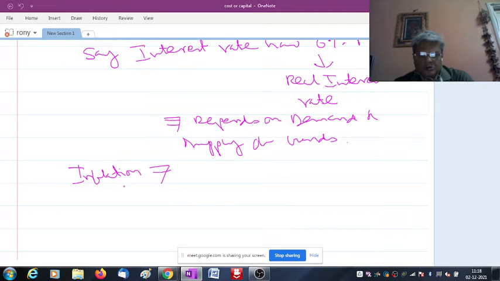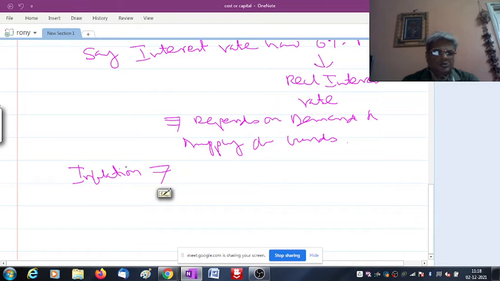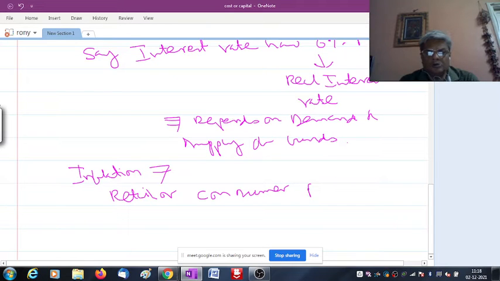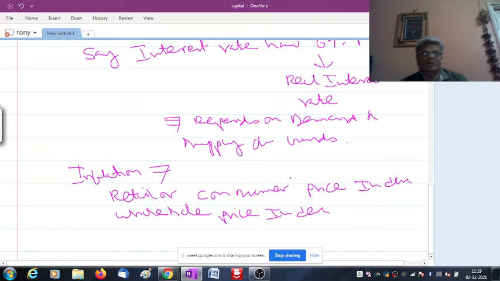Actually inflation is the price rising in the market. Yes, basically there are two types: one is retail or consumer price index, another is wholesale price index. So every time the inflation is going up or going down.